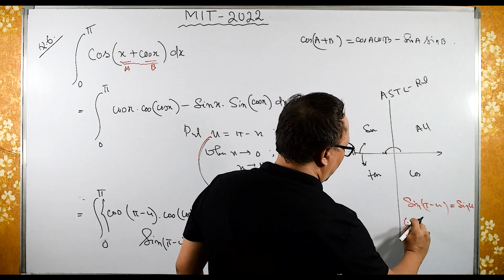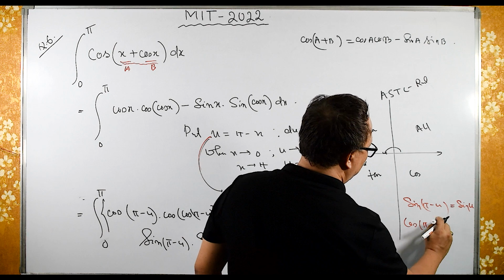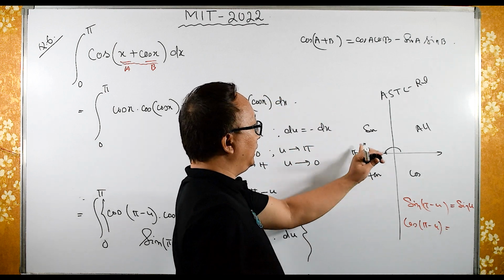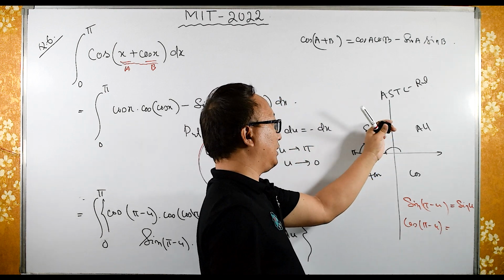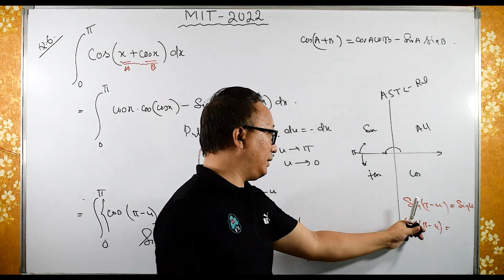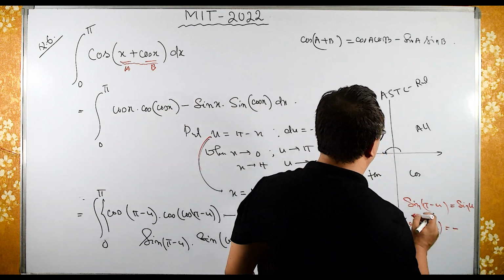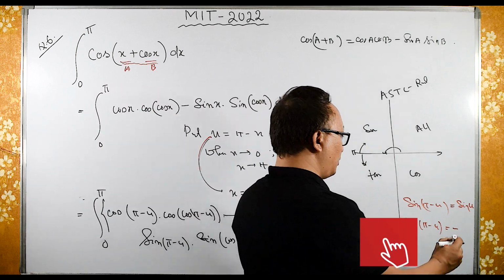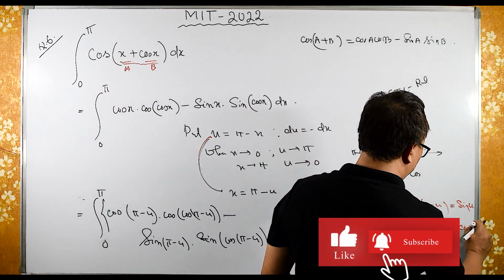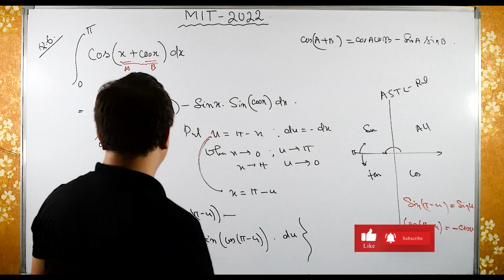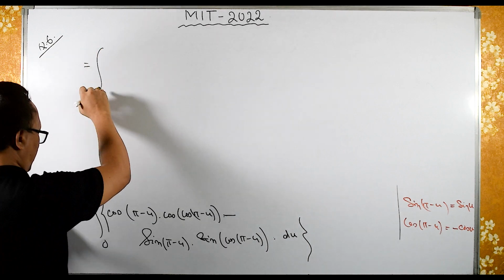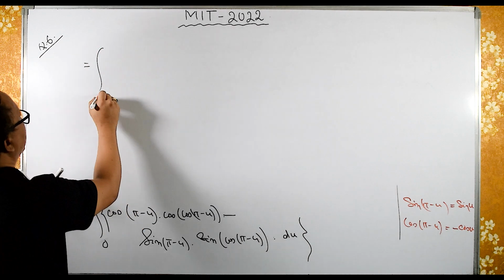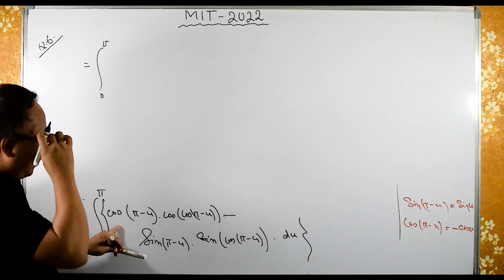What about cos of pi minus u? Pi minus u lies in the second quadrant, so cos will become minus because in this quadrant sine is positive. Since it is a multiple of pi, cos stays cos, therefore we have cos of u. So the integral is from 0 to pi. What is cos of pi minus u?